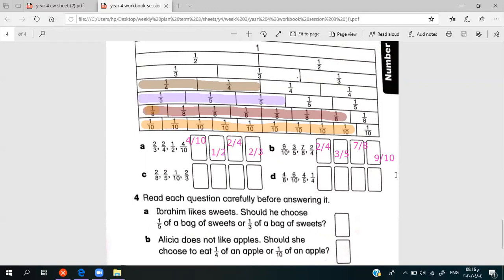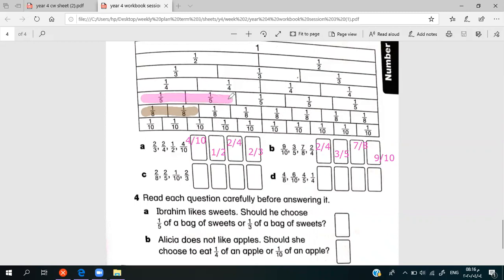Okay. Let's do number C. Okay. 2 from the 8ths. Here are the 8ths. I'm gonna color 2. And then 2/5. 2 from the 5s.